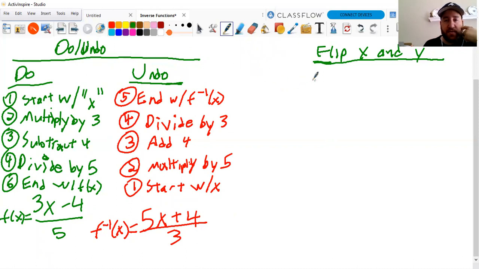All right, so now flip x and y. And I'll write it over a little bit, kind of do 2 columns with it. So cross it out. y equals 3x minus 4 divided by 5.